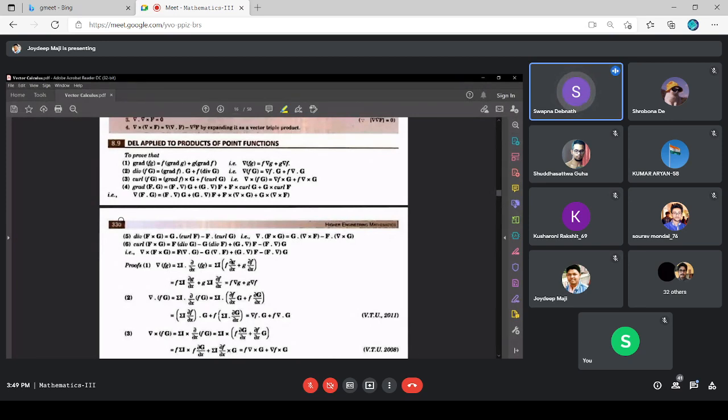This is another combination applied to some functions, maybe a scalar function, maybe vector function. Therefore, these are all given. You calculate yourself, you solve yourself, so that you can calculate these results. These are all important combinations of gradient, divergence and curl.